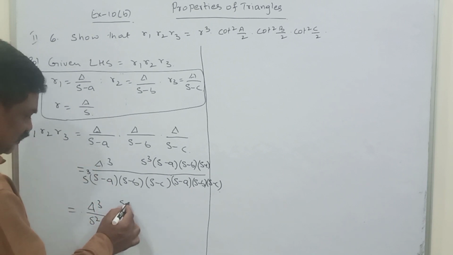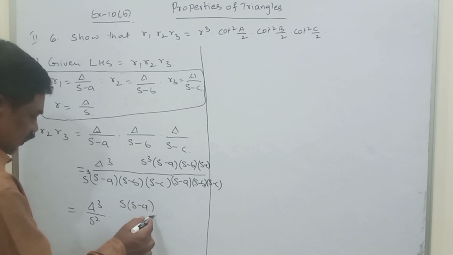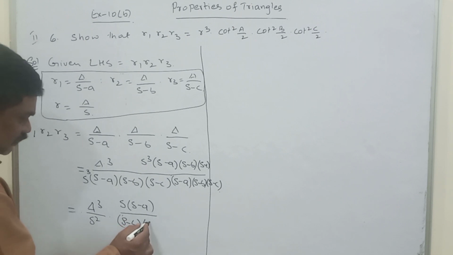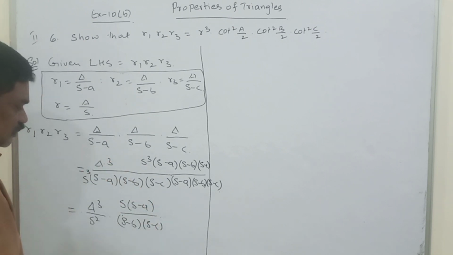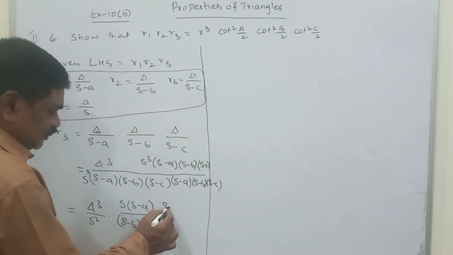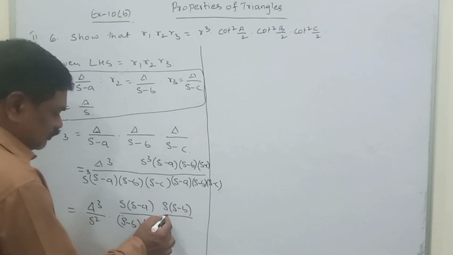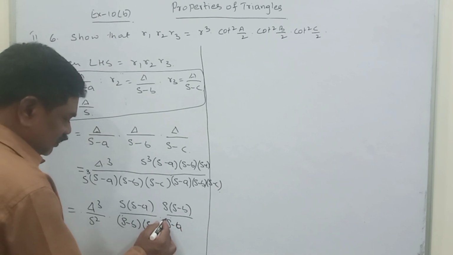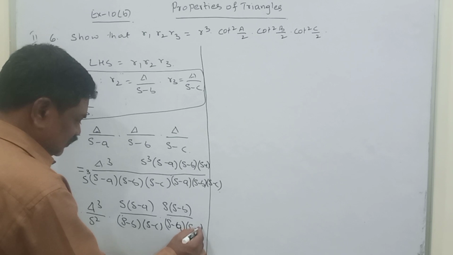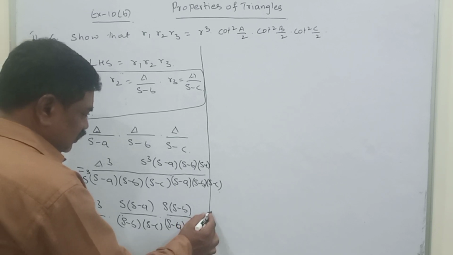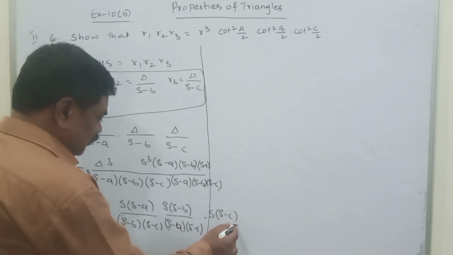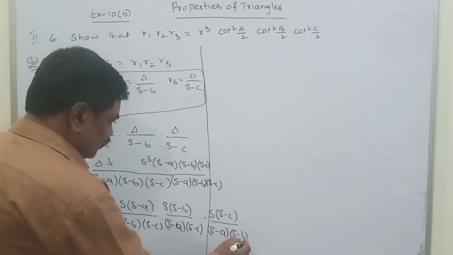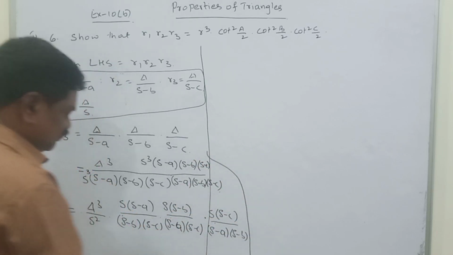Numerator can be written as S into S minus A by S minus B into S minus C, one part, S into S minus B by S minus A into S minus C, and S into S minus C by S minus A into S minus B. Okay, all of you.